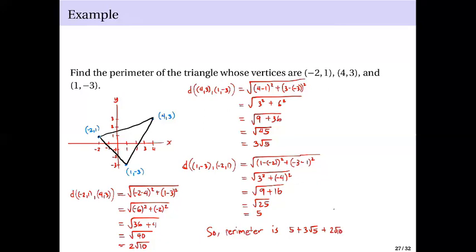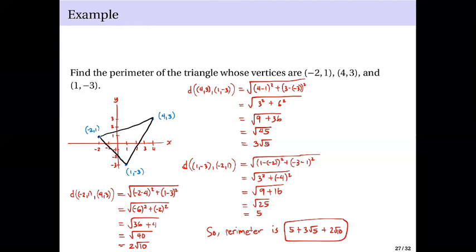Okay? So ugly values, but that's how you have to do it. So this distance plus this distance, and then plus this distance.